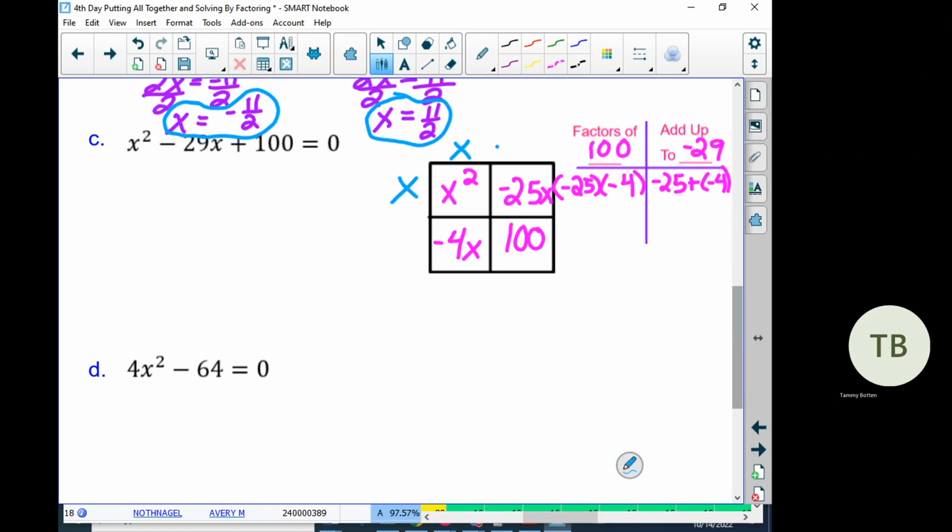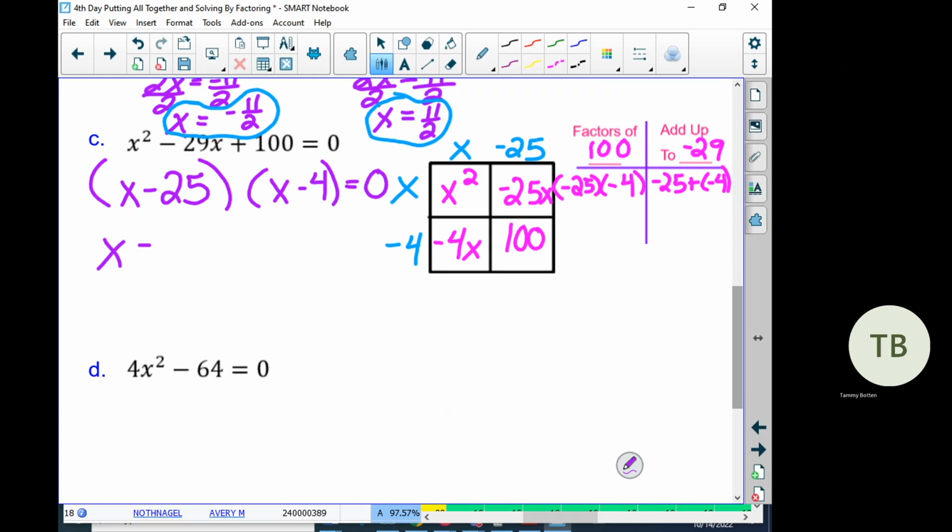What times x gives me minus 25? X times what is negative 4? Negative 25 times negative 4 is a positive 100. So now I'm ready to do this. One of my factors is x minus 25, and one is x minus 4, and that's equal to 0.